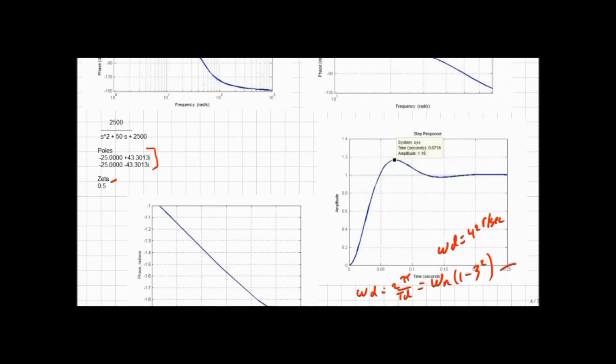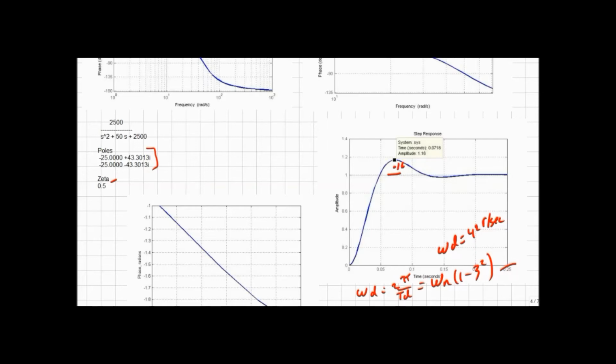What I really need to resort to here is the percent overshoot, because I have a good overshoot there and I can work with that. My overshoot here is equal to 0.16.